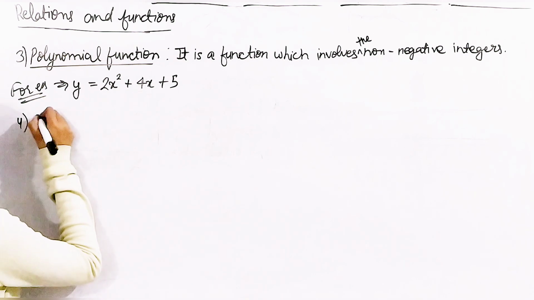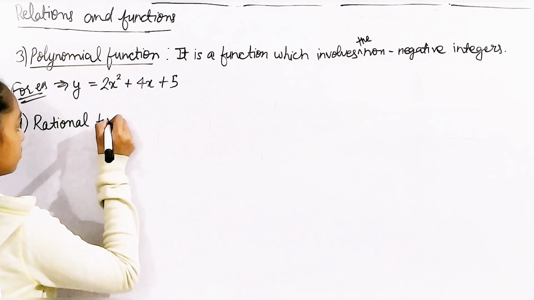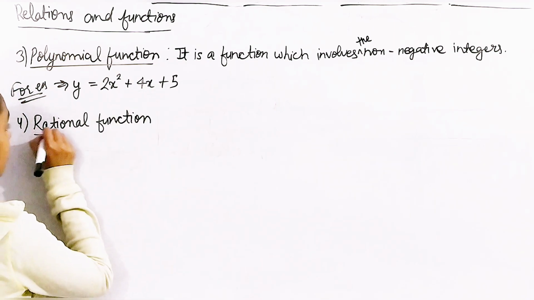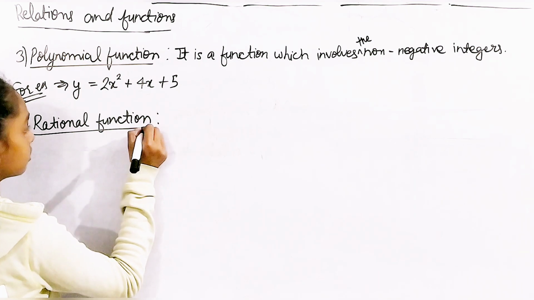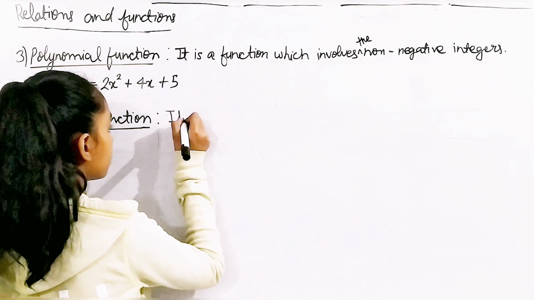What is rational function? Okay, so what is rational function? It is the ratio of two polynomial functions where the denominator polynomial is not equal to 0. Got it? So it is the ratio, I'm going to write it.